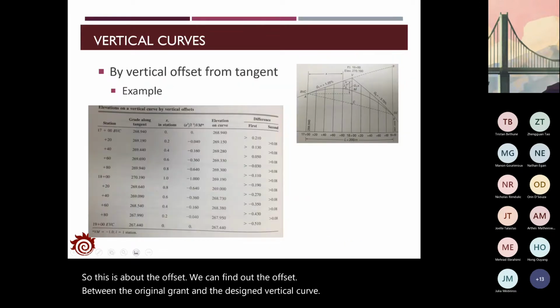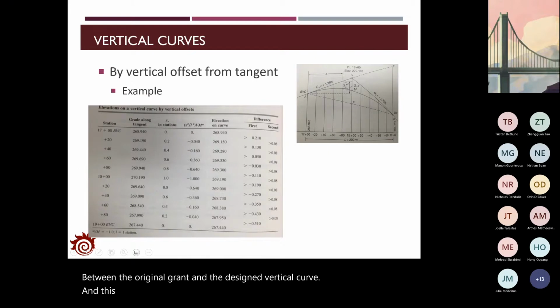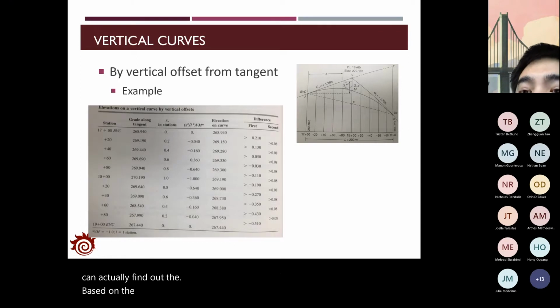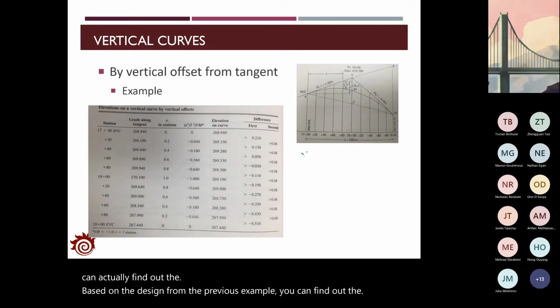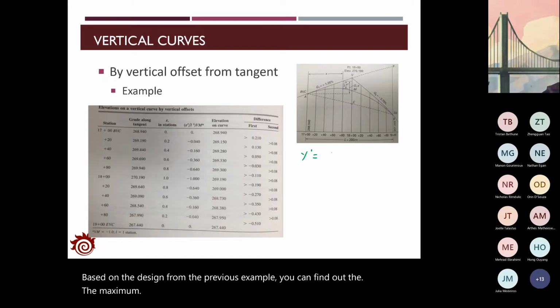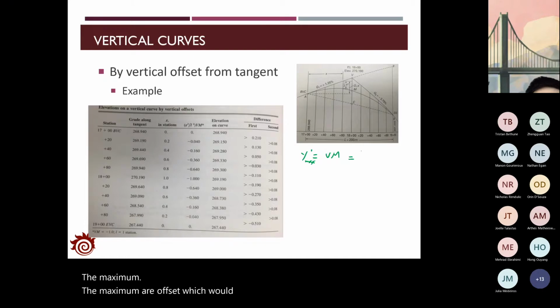And this is another example about how the offset is calculated. From the previous example, you can find out the maximum offset, which would be Vm.